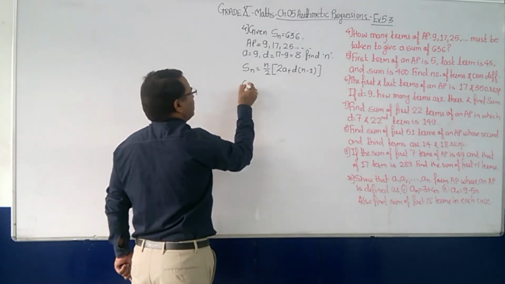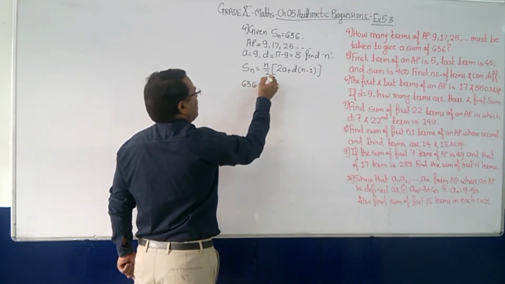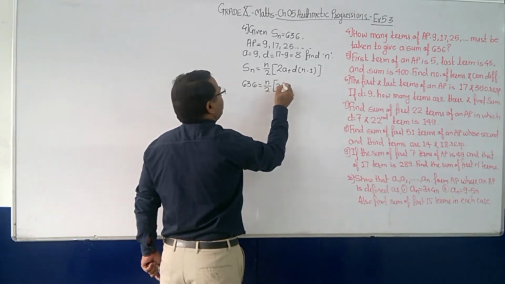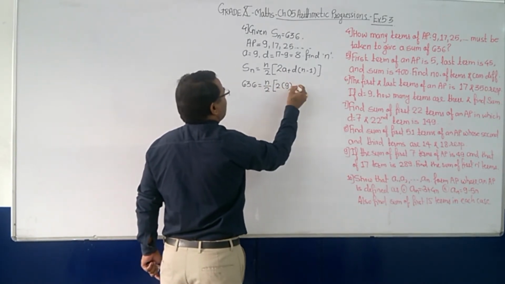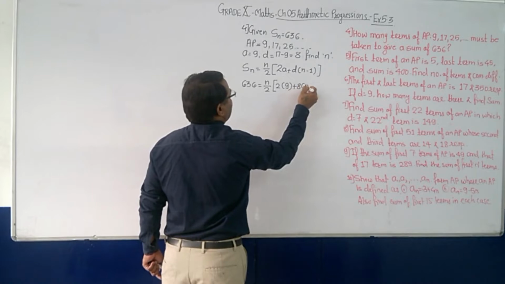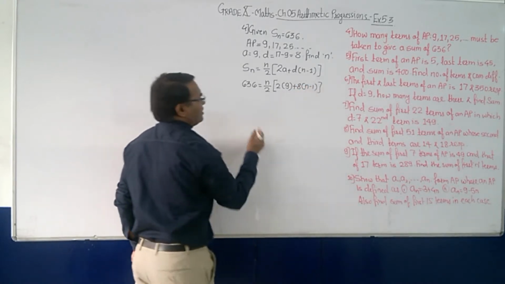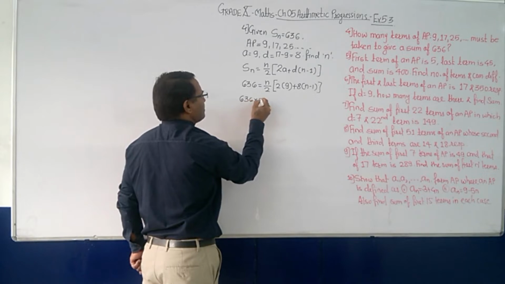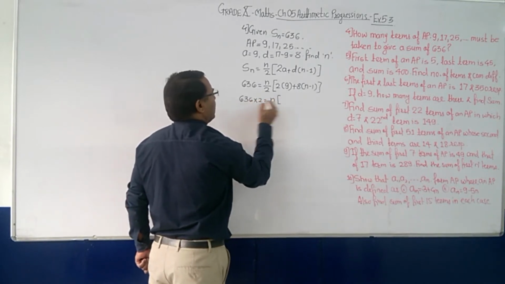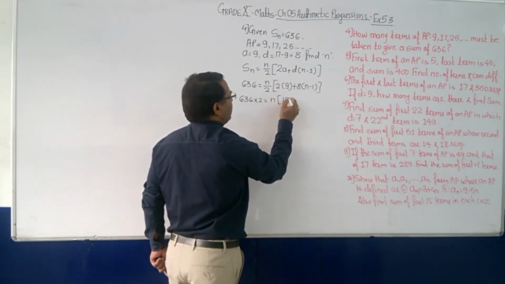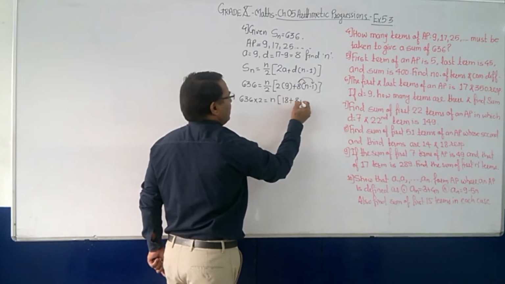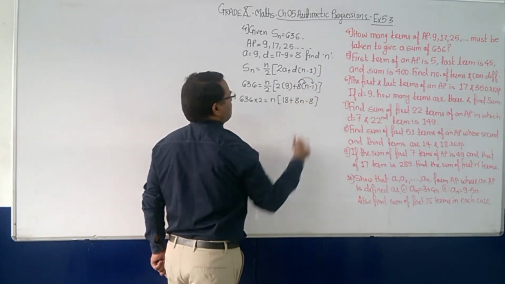Now Sn is 636, divided by 2, then 2 into a means 9, d means 8, and then n minus 1. This 2 will multiply with 636 and is equal to n into 18 plus 8n minus 8.